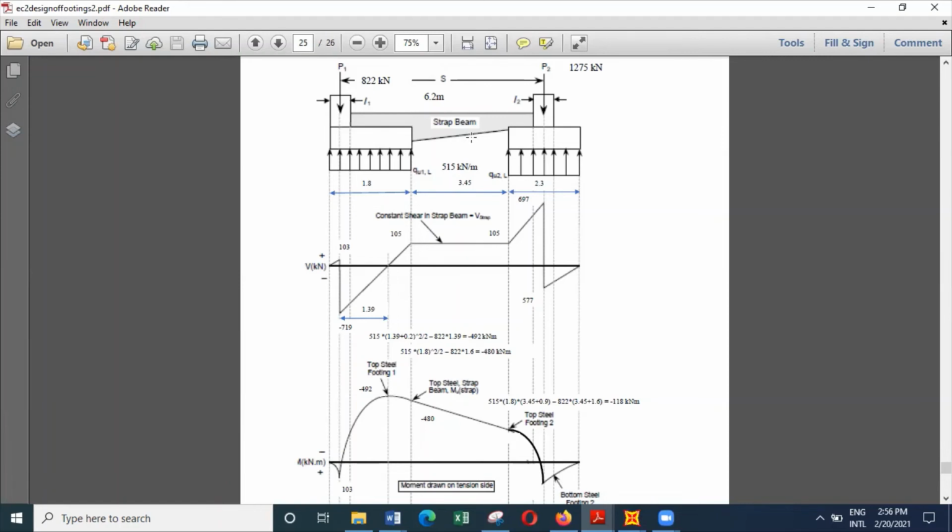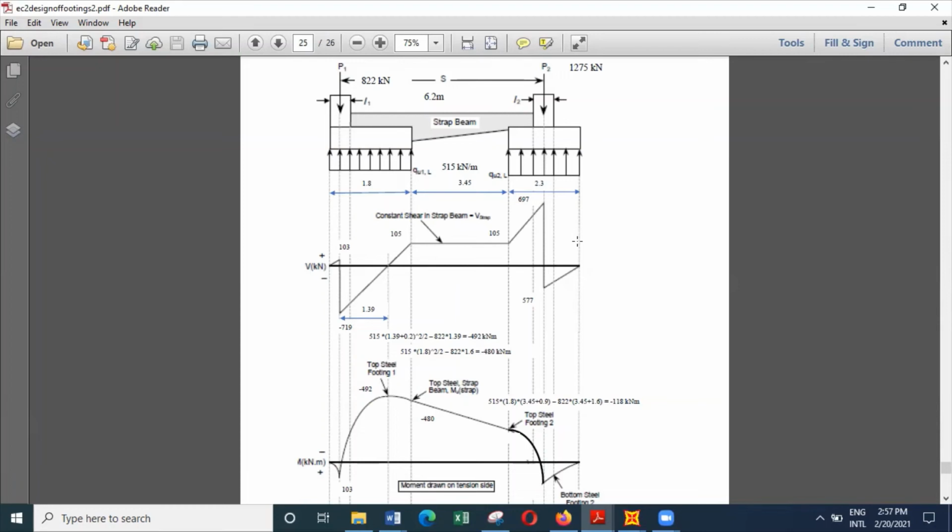So when it comes to the selection of the thickness, we know a pressure of 206 kilonewtons per meter squared is acting upwards. And then we have selected a width of 2.5 meters. That means we are getting a projection of 1.25 meters from one side. And then when you deduct half the column size, which is 0.2 meters, we'll have about 1.05 meter cantilevering from the face of the column.